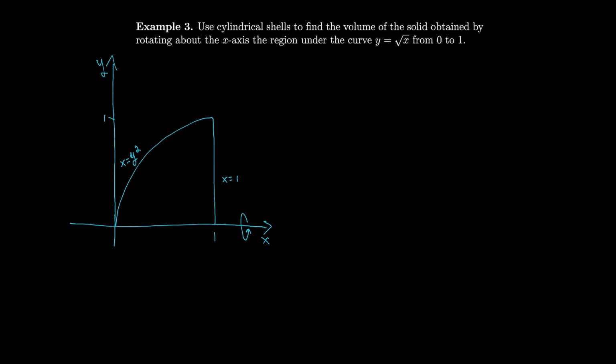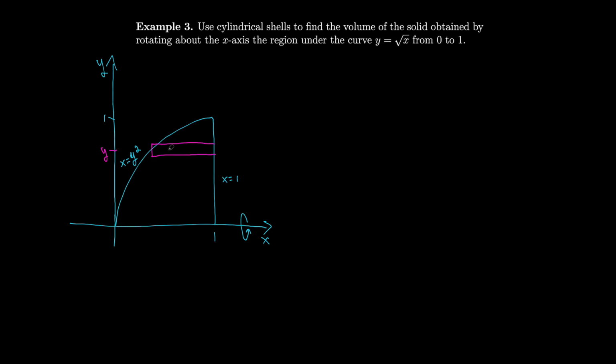Let's look at a particular shell. How about at some y value y, let's see if I can draw a nice rectangle, and then we can try to imagine what the shell would look like, because I don't feel like drawing another rotated shell. If the shell goes around over here, this is what it would look like.